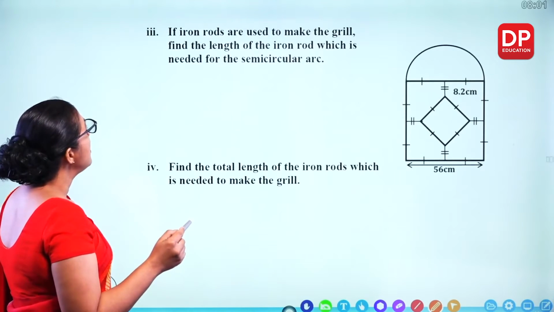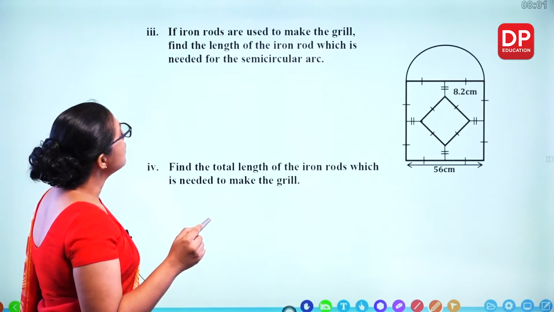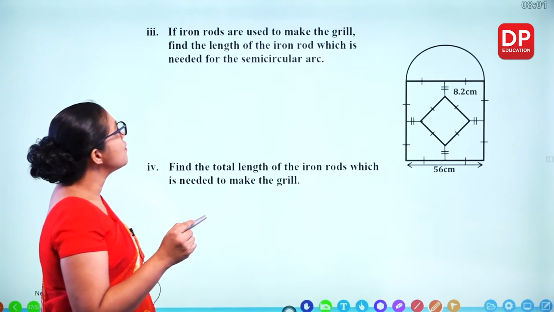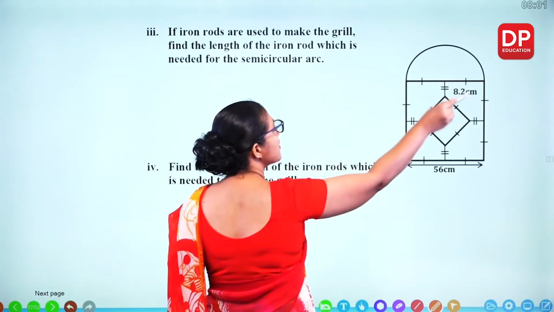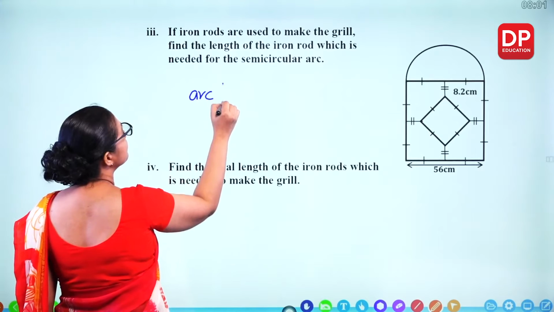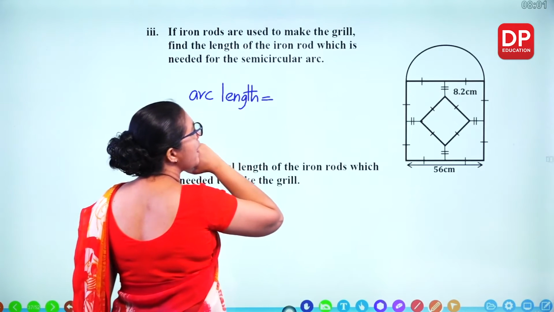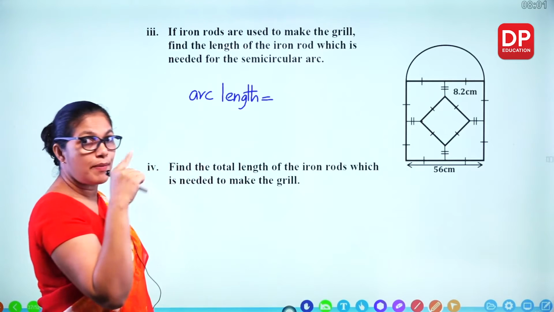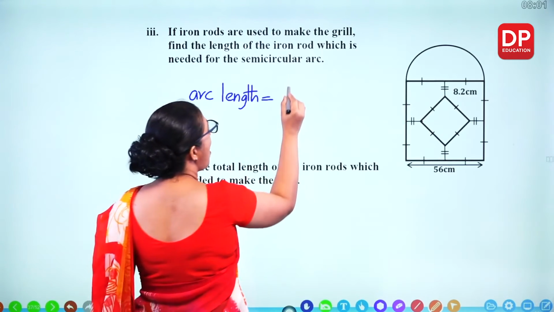Next part: if iron rods are used to make the grill, find the length of the iron rod which is needed for the semicircular arc. So only for this part. What's the arc length? 2 pi r, but you have to divide by 2 because it's a half.